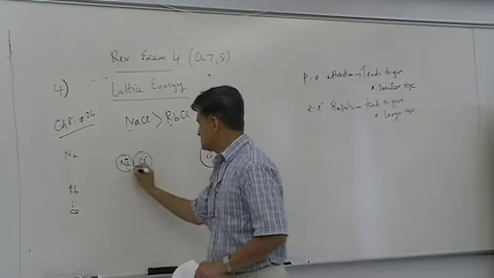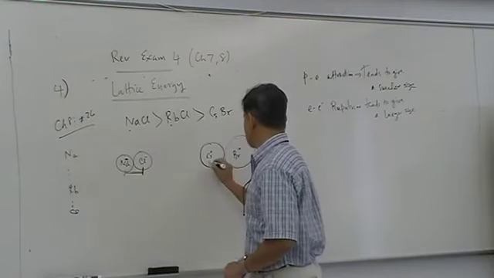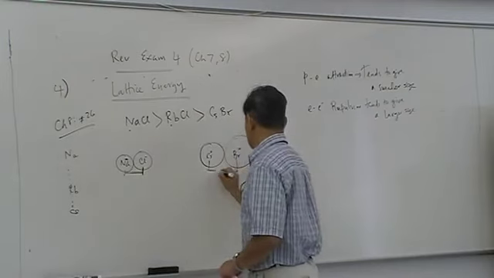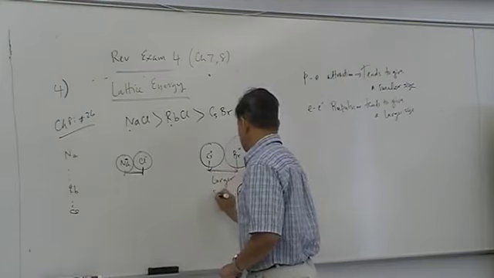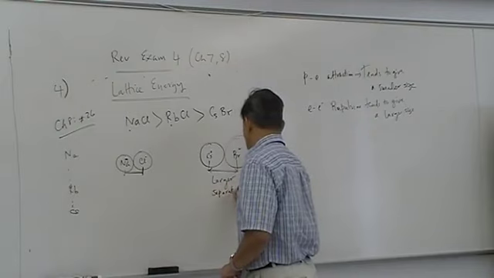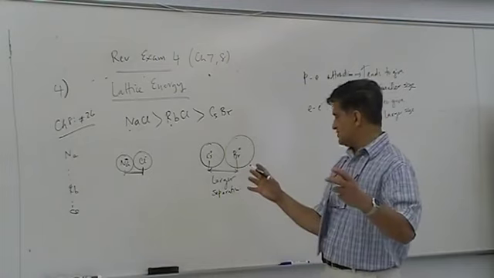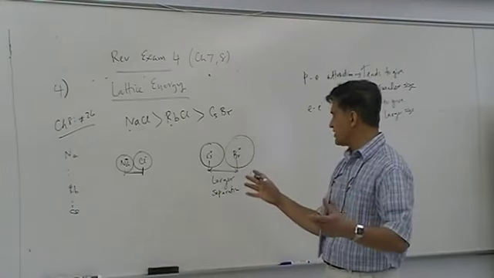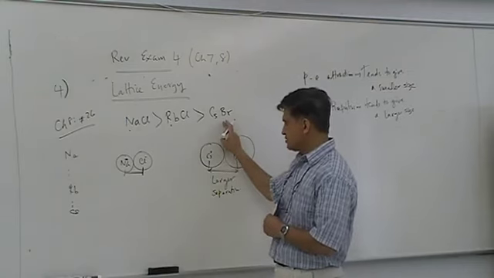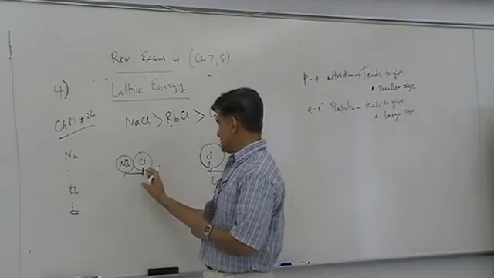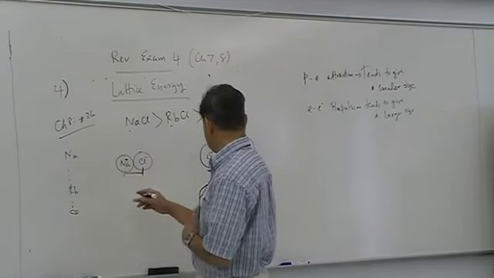Look at the distance between Na and Cl and between Cs and Br. Larger separation. Remember, lattice energy is determined by attractive force. When there's a large separation, there is smaller attractive force, and that's why lattice energy is much smaller. This is shorter, the distance is shorter, they're closer, so there's a much larger attractive force.